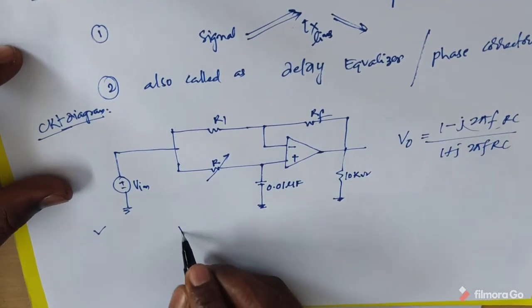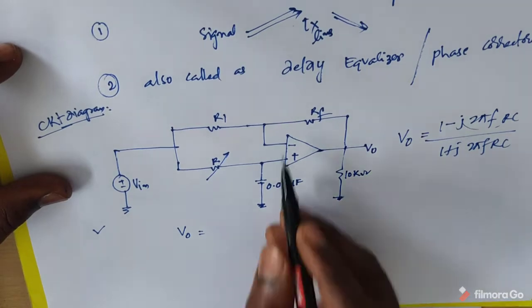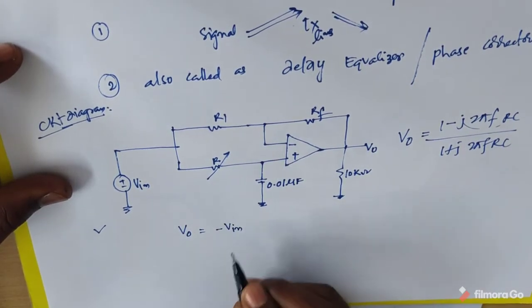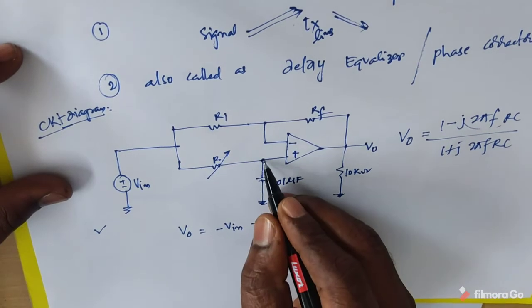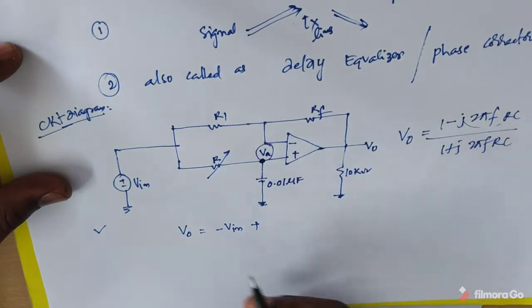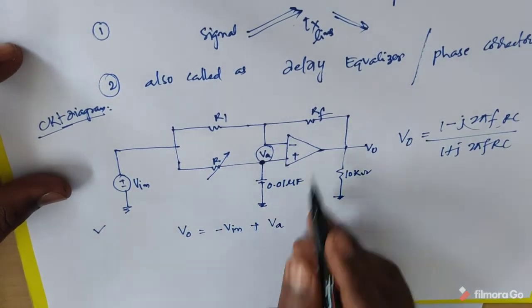So simply V0 is equal to minus Vin plus some voltage drop, the actual representation of which is Va. Then you can calculate Va, the combination of these two.